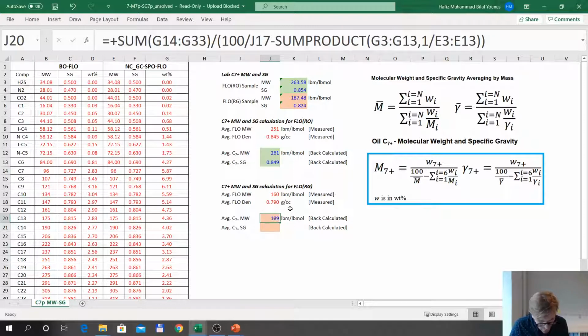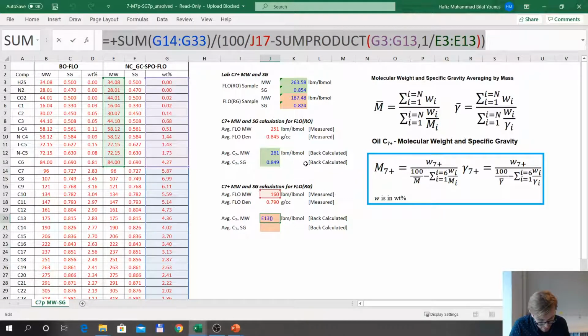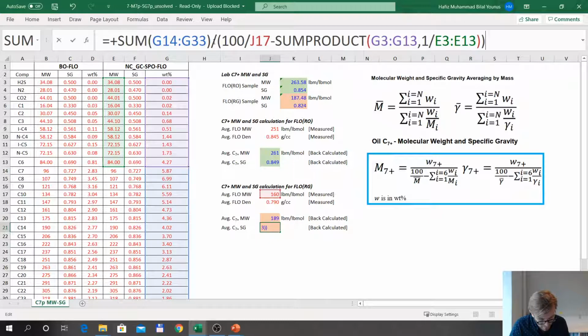So now we get 189, and again we can apply the same formula for specific gravity, but now we have to remember to use the specific gravities of all these components, and also change to the measured value. This is actually, and that's a good point, maybe some of you reacted to that this is not API and it's not specific gravities, but it's actually the densities in grams per cc, but it's very close to specific gravity.